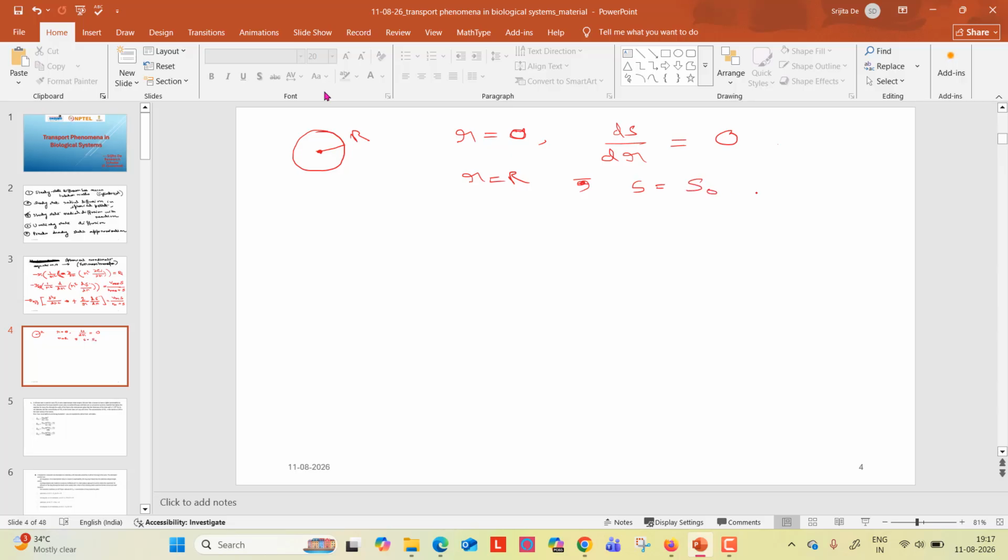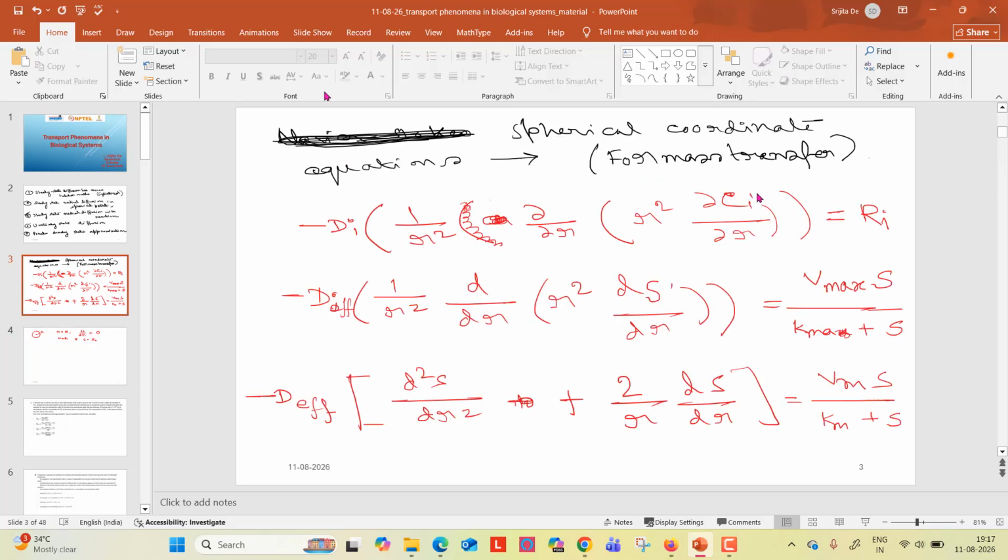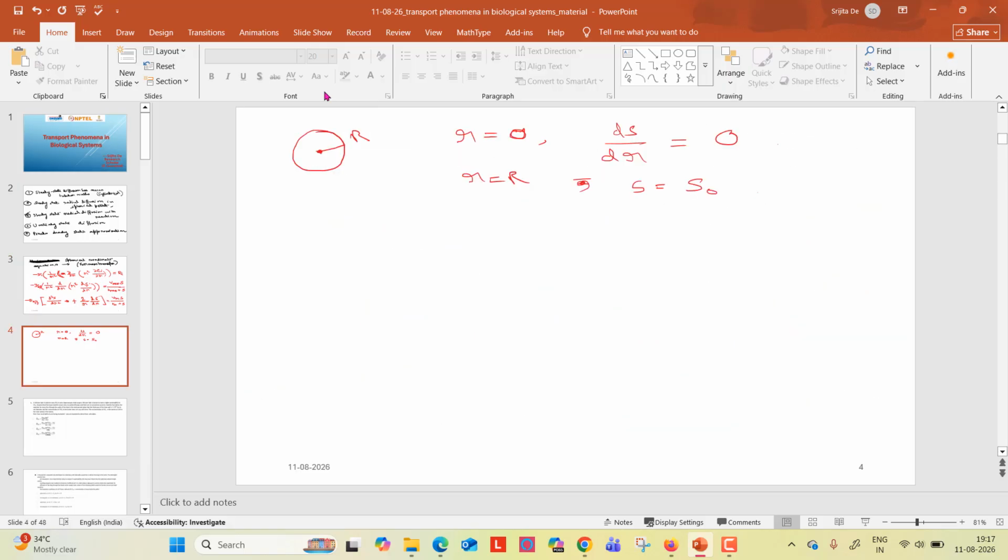Okay. So now we'll non-dimensionalize, because as you can see, it is a very complicated form. You cannot solve it directly. So we will non-dimensionalize these things. How will we do that?